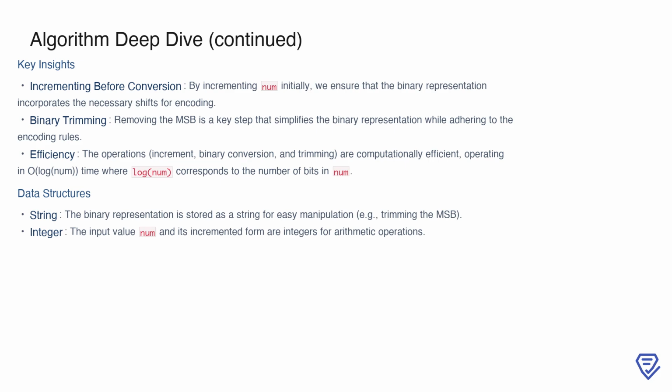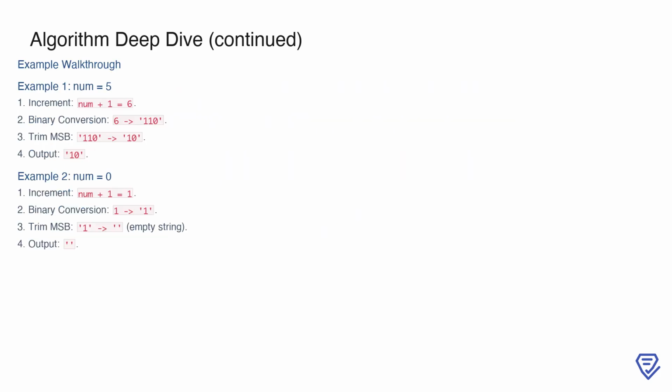Let's break this down with some concrete examples. For number equals 5, we start by incrementing it to 6. The binary representation of 6 is 110. Trimming the most significant bit from 110 leaves 10, which is the final encoded string. For another example, if number equals 0, incrementing it gives 1.